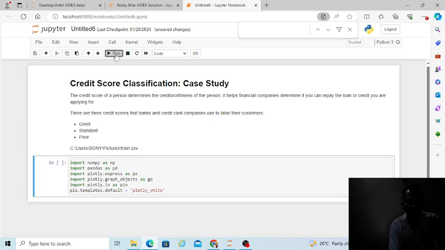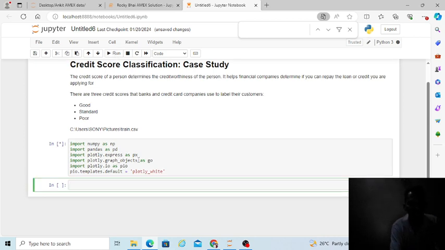So these libraries are imported and the default template is set in its place.